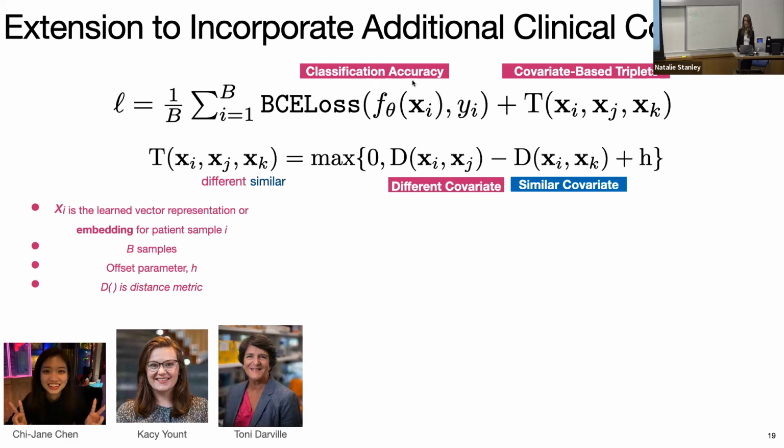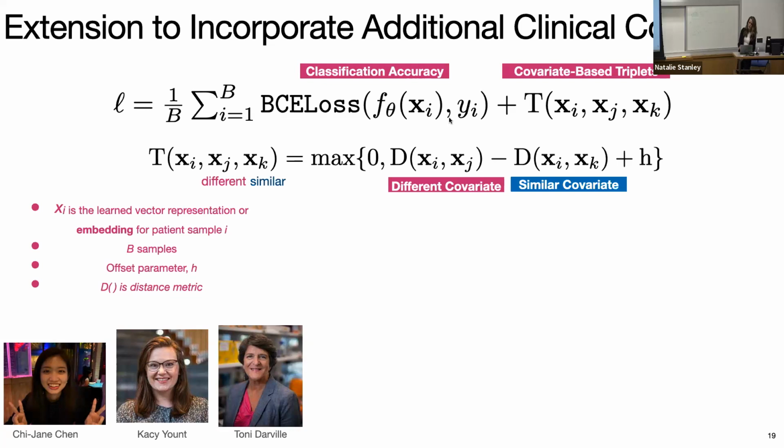So I told you before that f of theta is our deep network. These are the parameters of this deep learning model that we're trying to learn. Xi is representing data from a particular patient.